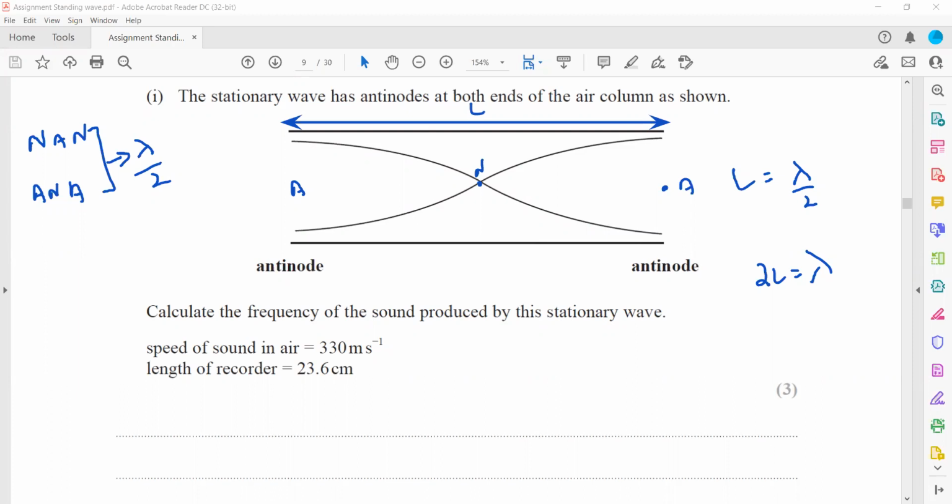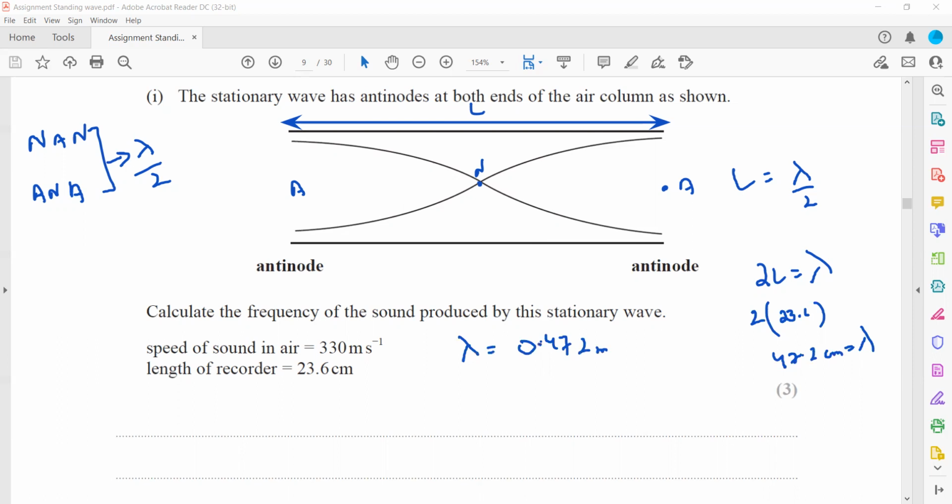If the length is 23.6 centimeter, the wavelength will be twice this, so 2 into 23.6 makes 47.2 centimeter. But we need it in meters, so we divide by 100, and the wavelength comes out as 0.472 meters.